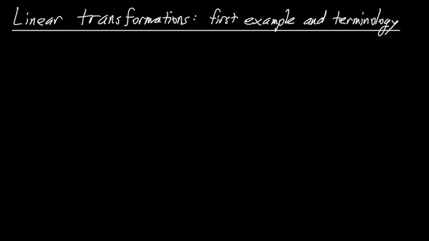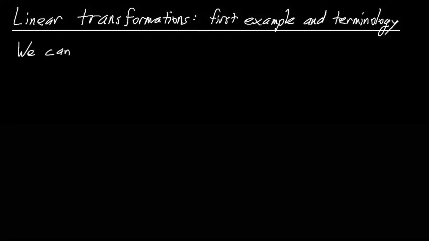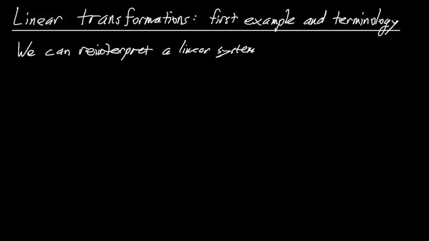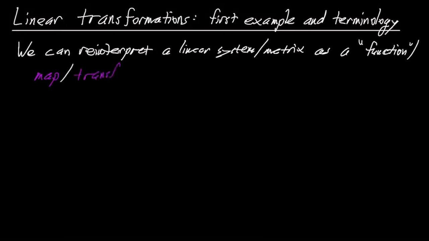The idea is that we can reinterpret a linear system, I guess I should say slash matrix, as a sort of quote function, or there are these other terms that we're going to introduce: a map, or another term, a transformation. I'll give an example first to explain this.